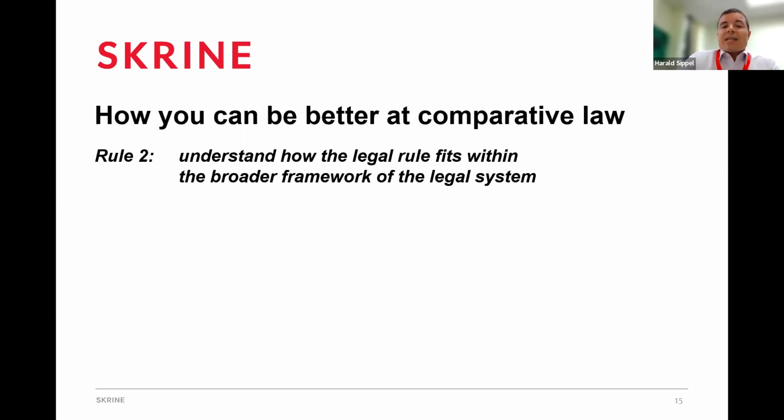So what can we do to be better? We should understand how the legal rule fits within the broader framework of the legal system. Here, the broader framework is, oh my God, this is even constitutional law.